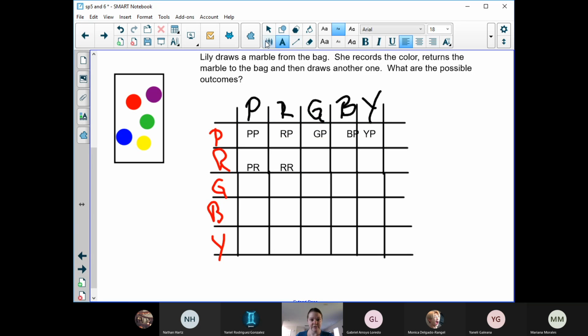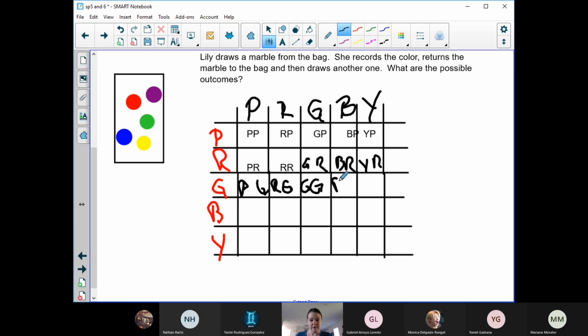As I go through here, I'm just going to quickly do green, red, blue, red, yellow, red, purple, green, red, green, green, green, blue, green, yellow, green, yellow, yellow, blue. Ignore my chicken scratch, please.